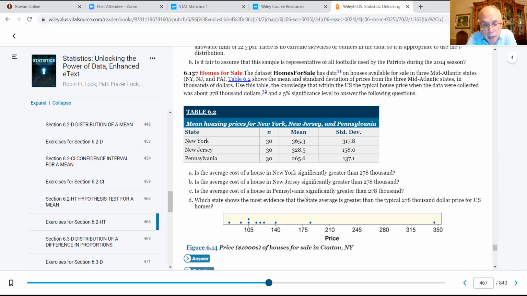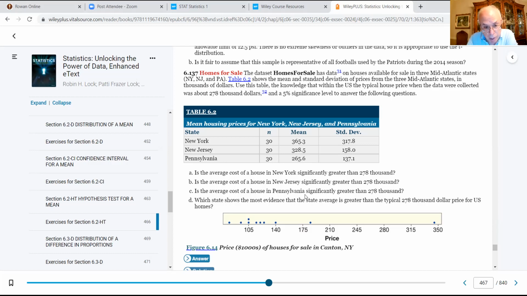And Pennsylvania would also have its own. So basically what they're asking you to do in A, B, and C is do 3 separate hypothesis tests using the data, use the same null and alternative hypothesis for each of those cases, and see if you're going to reject the null hypothesis or not for each of those 3 states.